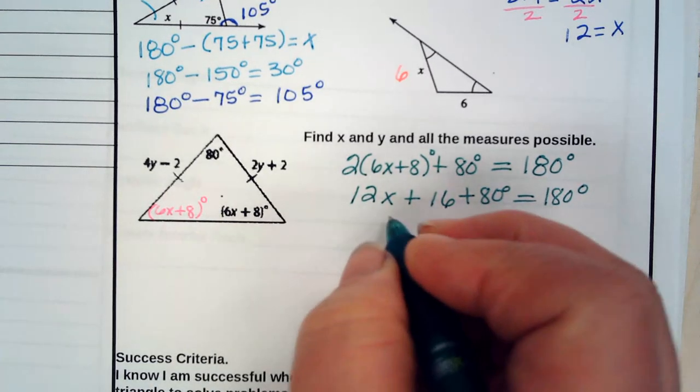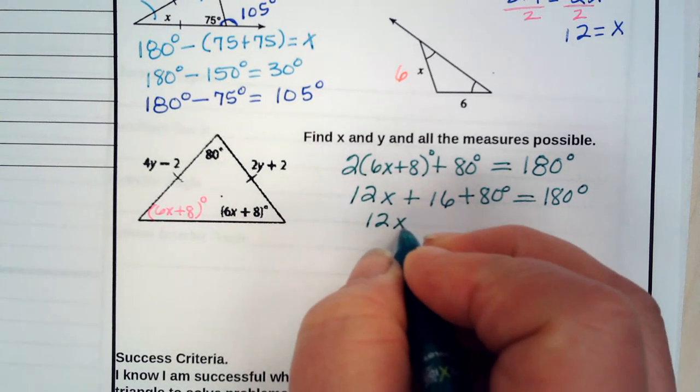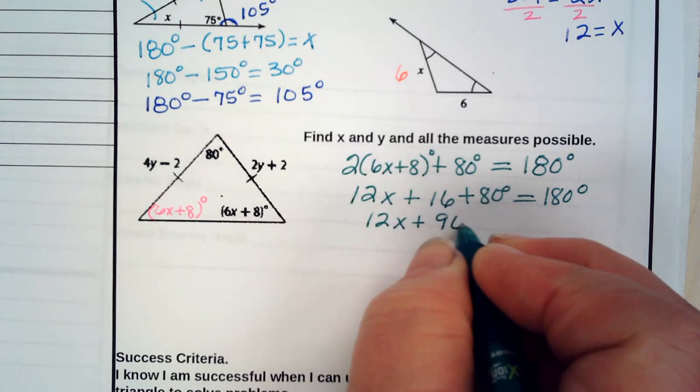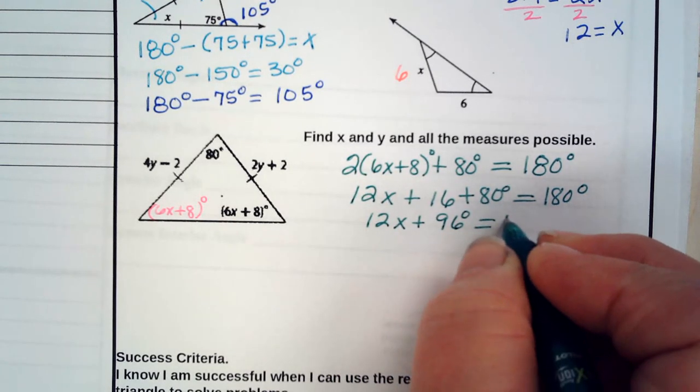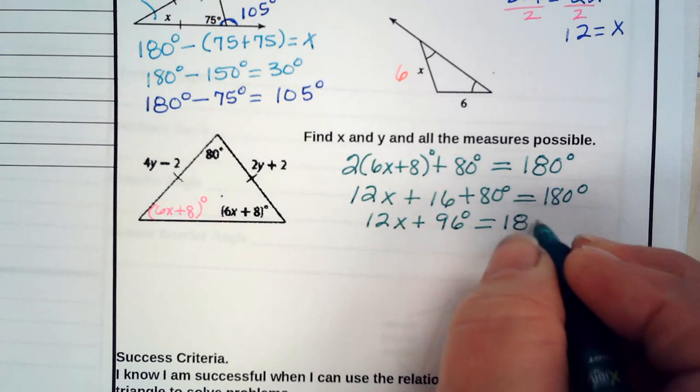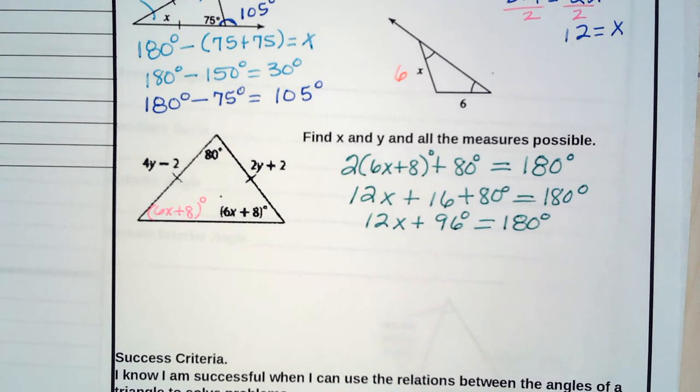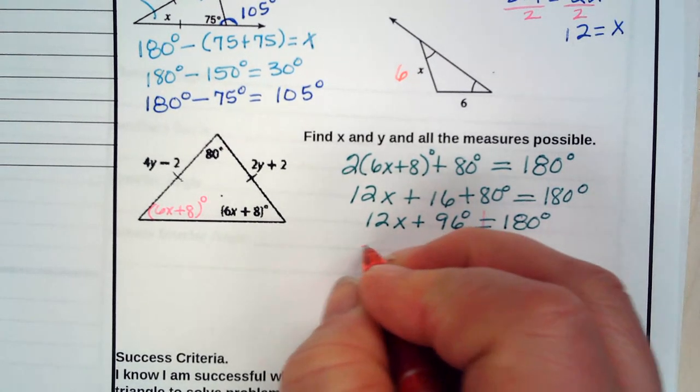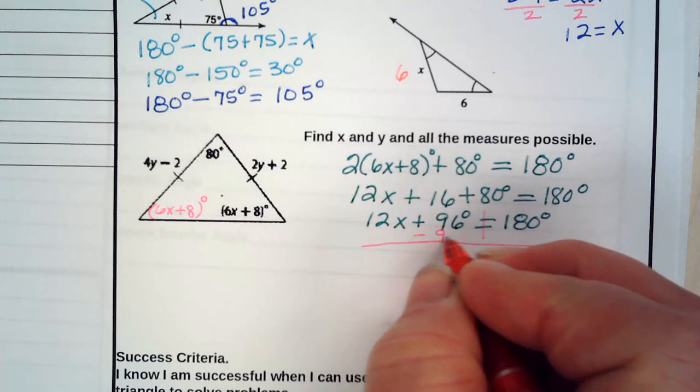Combine your like terms. 12x plus 96 degrees is equal to 180 degrees. Now we can solve for x. Step 1. Subtract 96 from both sides.